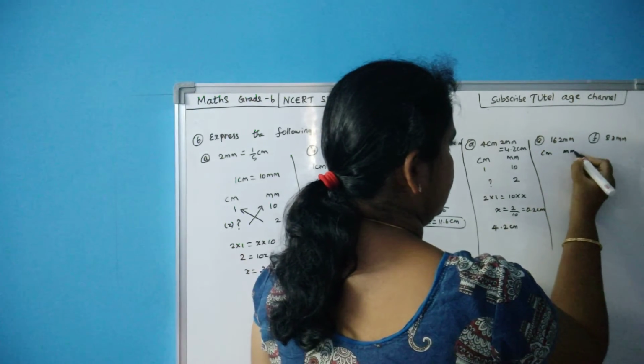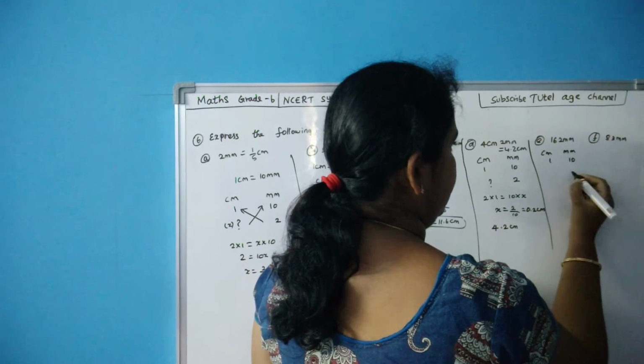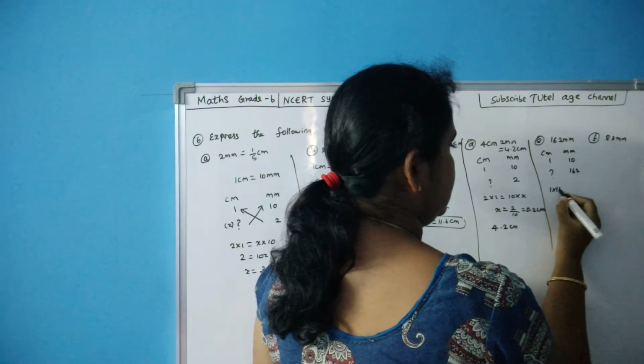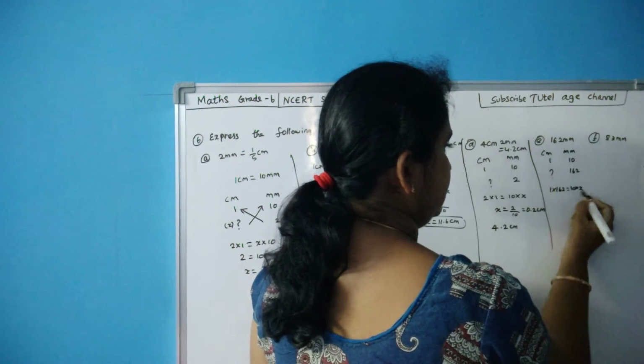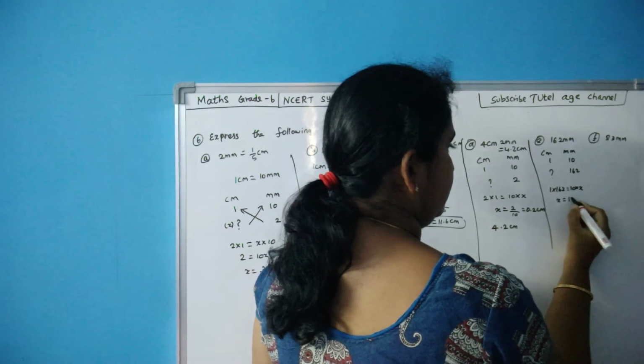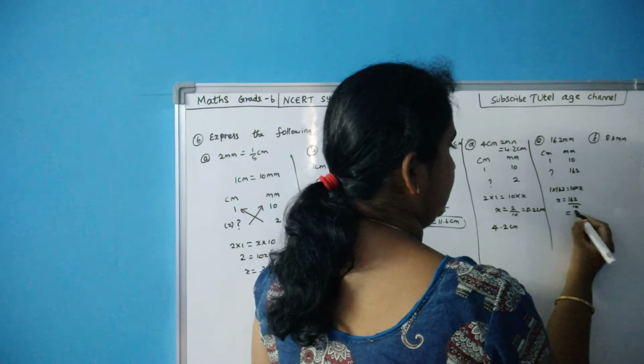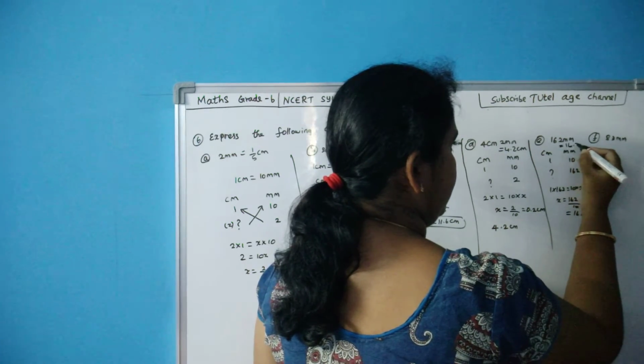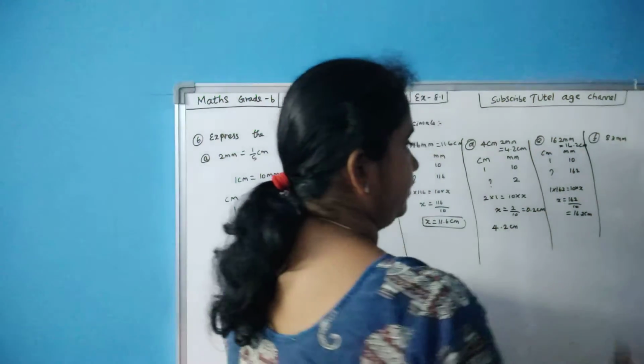Okay. Next sum. Centimeter, millimeter. 1 centimeter equal to 10 millimeter. 162 millimeter, how much? 1 into 162 is equal to 10 into x. So x equal to 162 divided by 10, which is nothing but 16.2 centimeter. Okay.